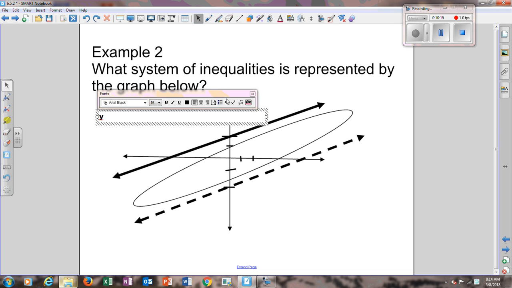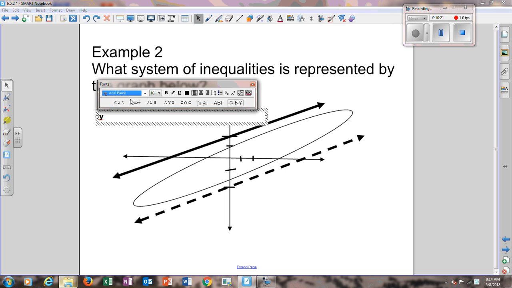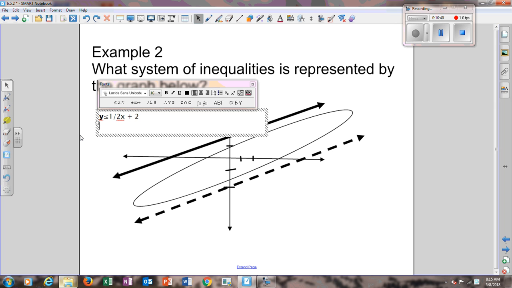Then it goes up 1 and over 2. So y is less than or equal to 1/2 x plus 2. So that's your first equation.